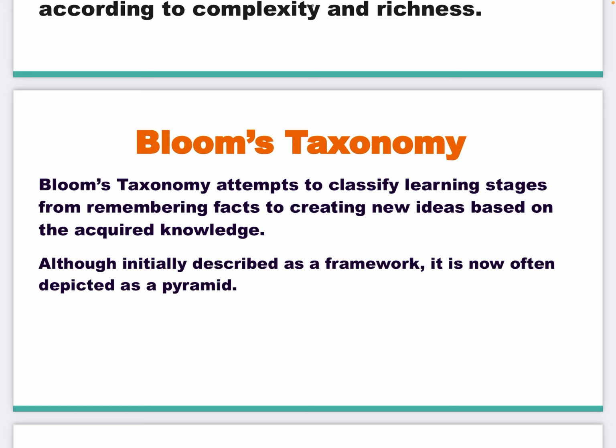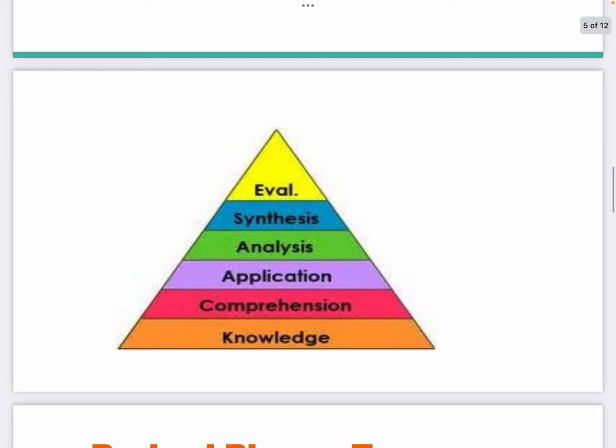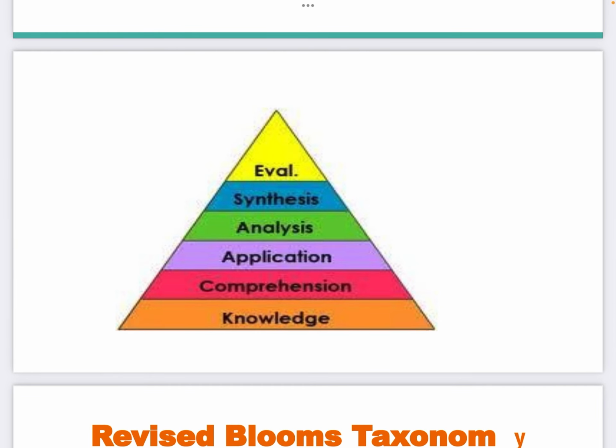This was described in the form of a framework, but it is now often depicted as a pyramid. So let us see this pyramid. You can see the different levels of Bloom's taxonomy. The very first level is knowledge. How much knowledge you have determines your understanding level.